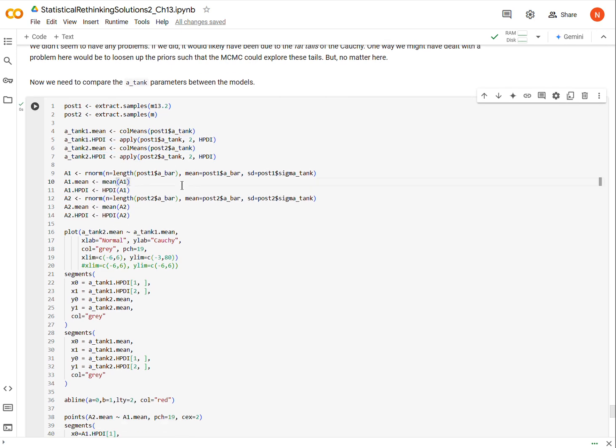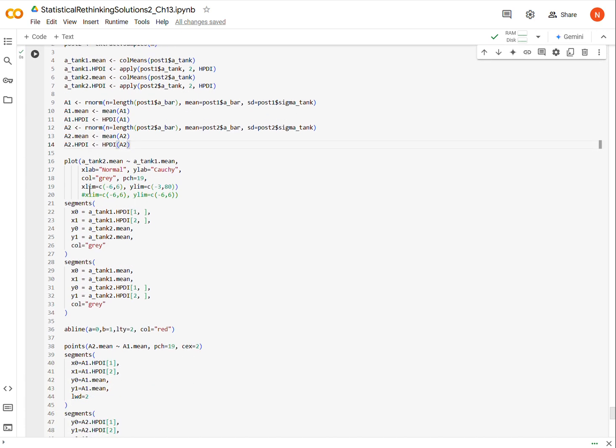Now, in addition to that, our model also estimated A bar and sigma tank, and from those, I'm going to create the mean of the A tanks from the two models. I hope that makes sense.